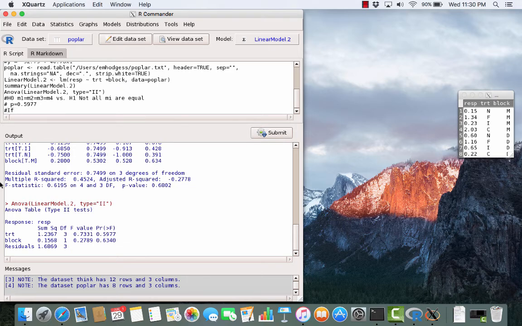If P is less than 0.05, then we reject H0.